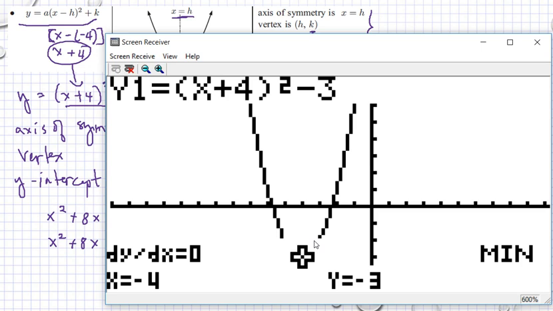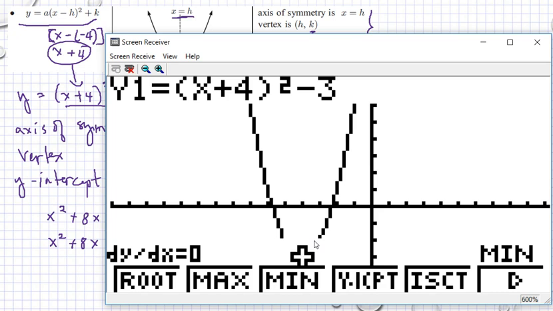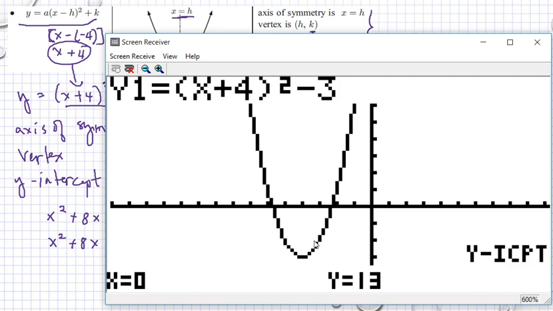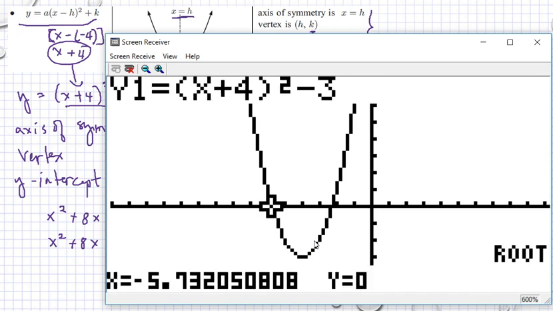That's according to the property. And then we have our y-intercept. It's 13. Then we got that also. And our roots, if you will solve them, they are not exact.